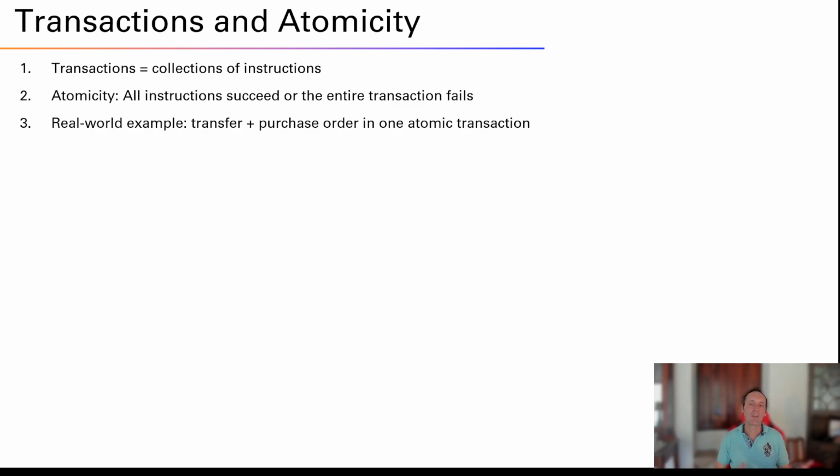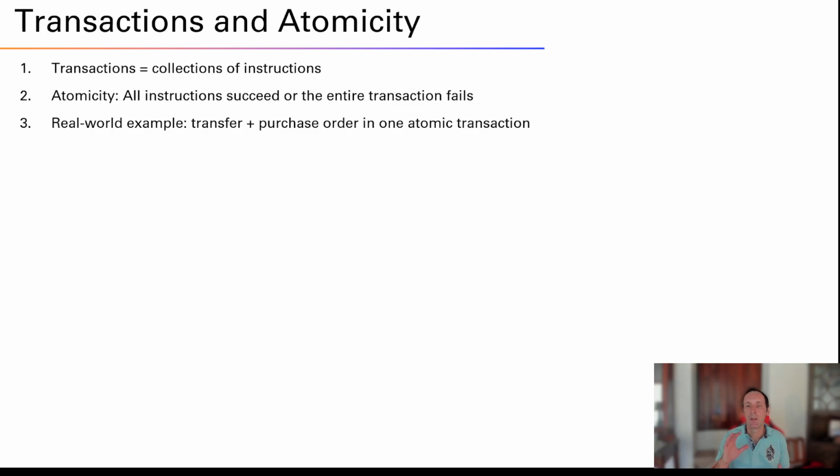The Solana runtime is actually quite clever, and this is one of the reasons why Solana is so incredibly fast: it knows which instructions are touching which accounts, and if they're not the same, they can be executed in parallel, which is amazing.